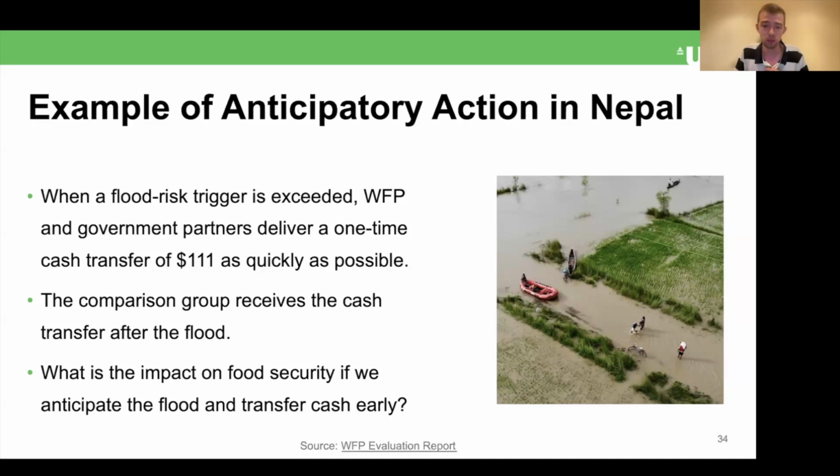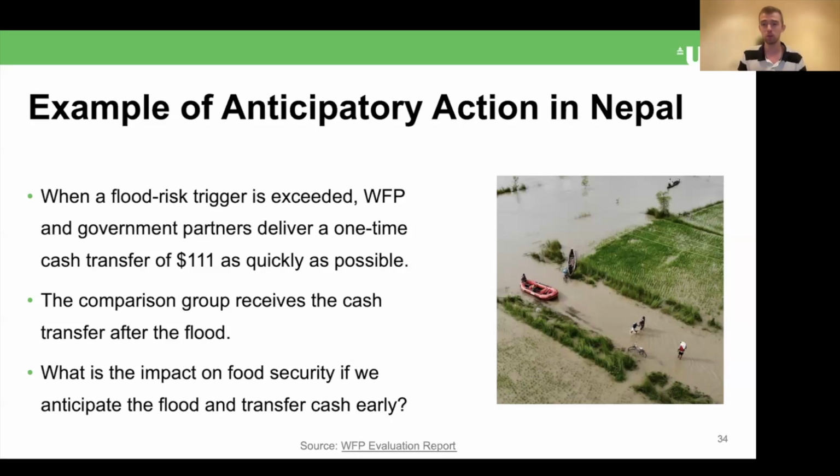And this is being studied by the World Food Programme and the World Bank in the case of Nepal, where they had an anticipatory action component to their humanitarian assistance. And when a flood trigger there would exceed, the World Food Programme and government partners deliver a one-time cash transfer of $111 as quickly as possible.